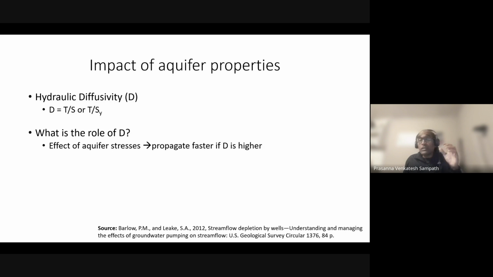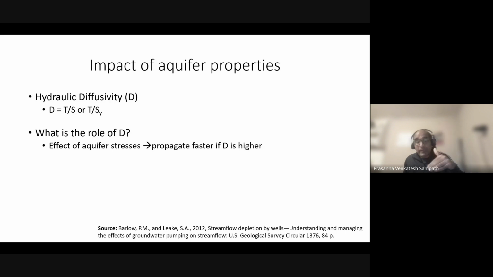So even if the transmissivity of a confined and an unconfined aquifer is identical, just by virtue of the storage coefficient of the confined aquifer being so low, the denominator S, is very, very low for a confined aquifer. It's 10 power minus 3 or 10 power minus 4, right? Just by virtue of that, the value of hydraulic diffusivity will be very high for a confined aquifer.